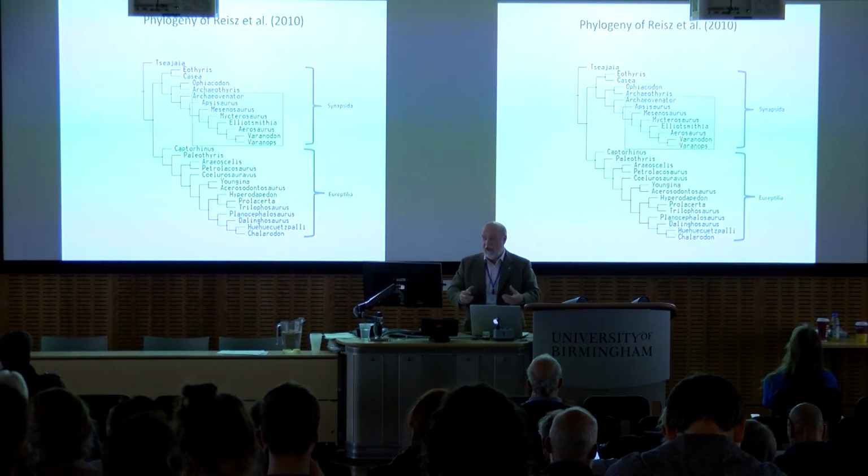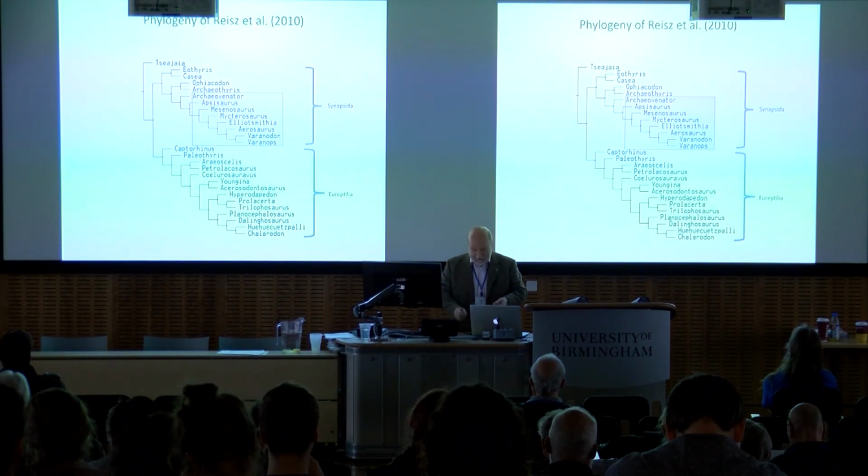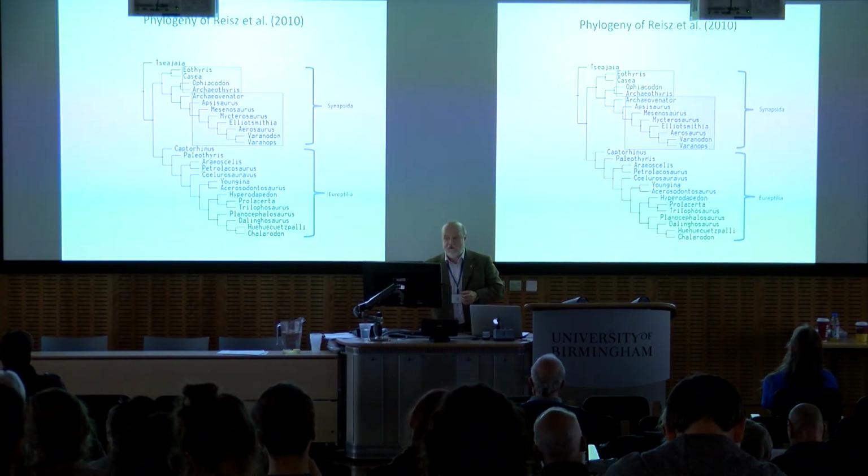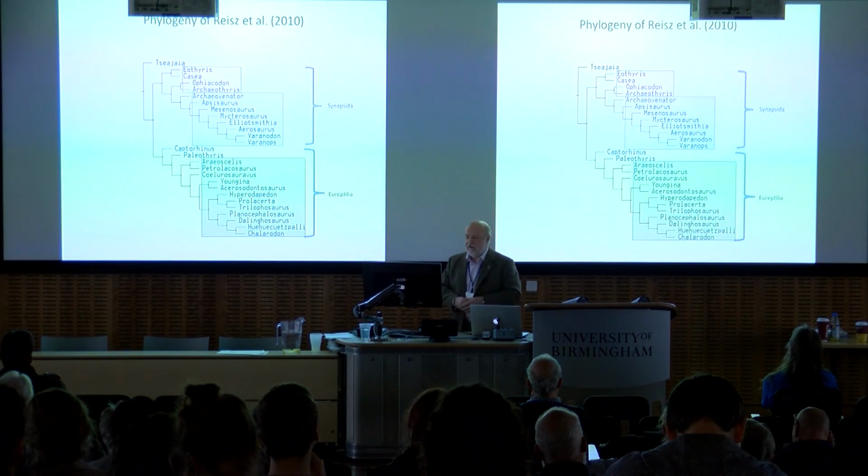That's to say, we have the varanopids situated very nicely within the Synapsida. We have just 2 families represented there, the caseasaurs and the ophiacodonts, but they're still sitting very nicely within the Synapsida. And we have all of the diapsids sitting within the Eureptilia, as we all expect should be.